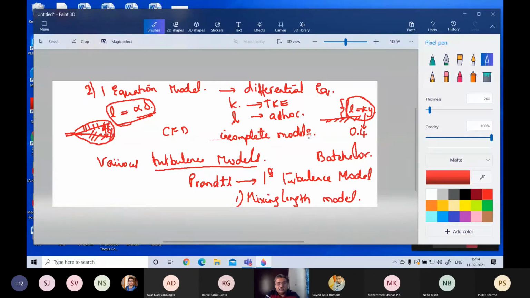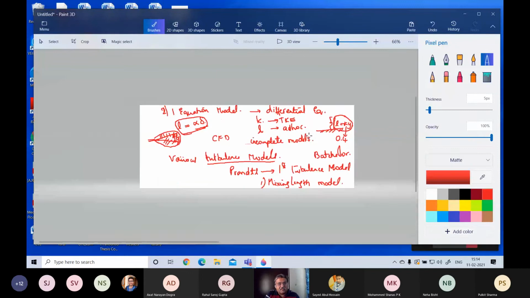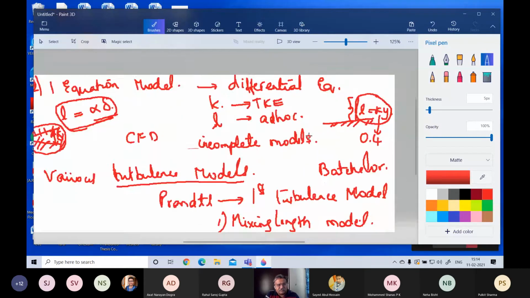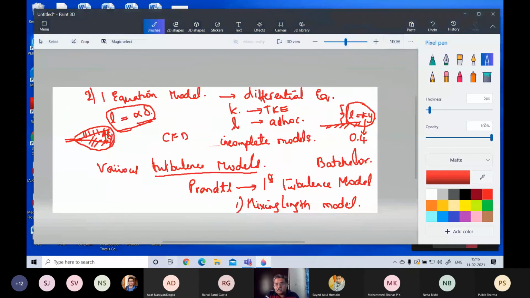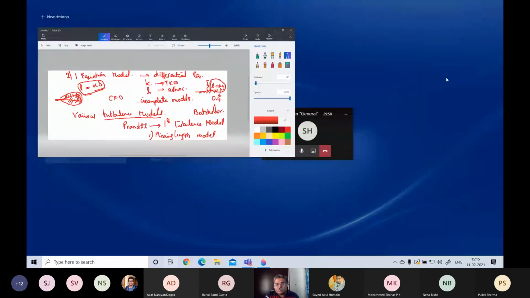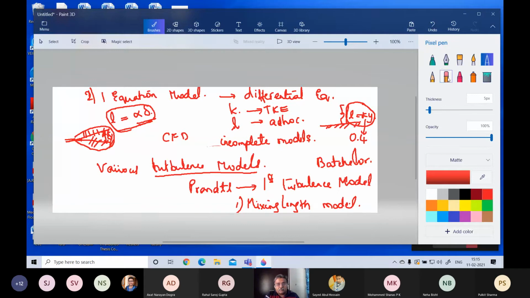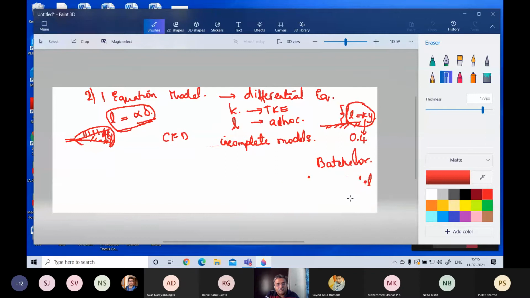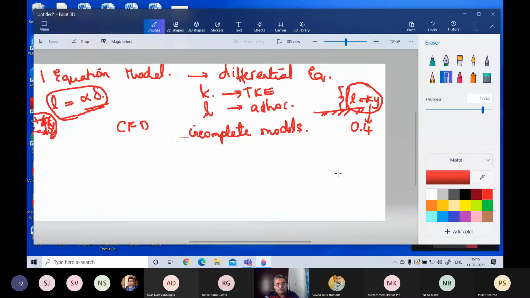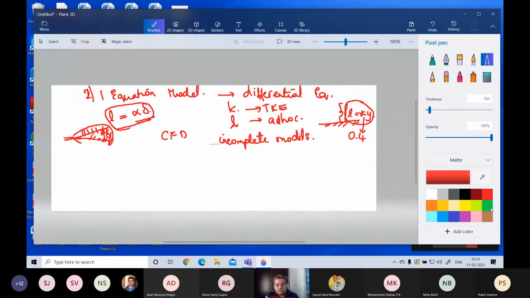Then they went further, and in the 1940s, I think it was probably before the 1940s, they started developing what are known as two equation models. Basically, they went from the one equation model to two equation models.